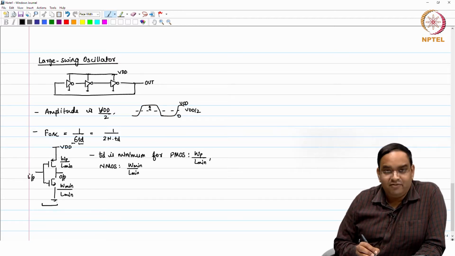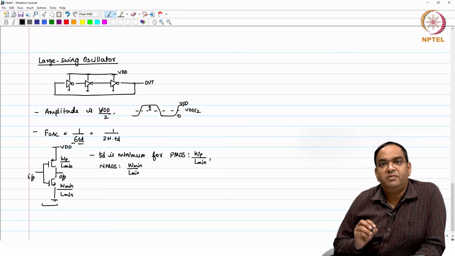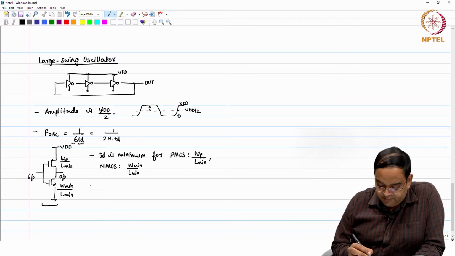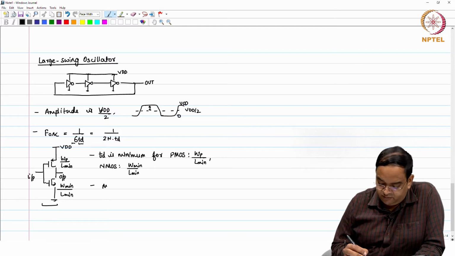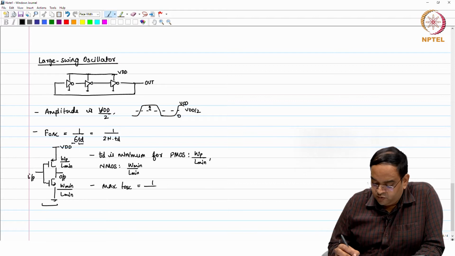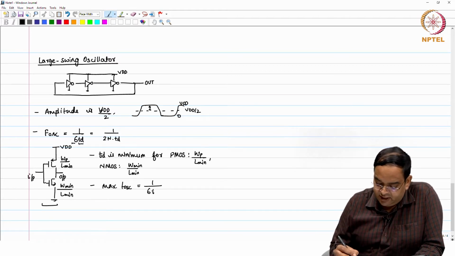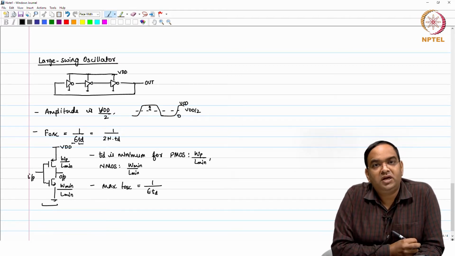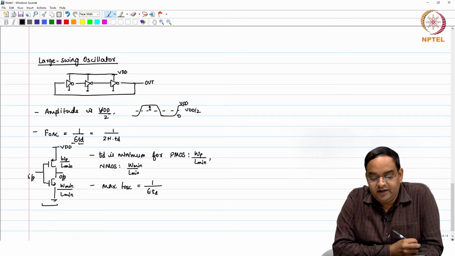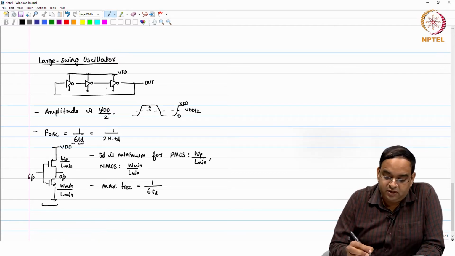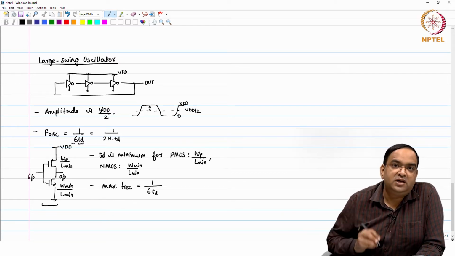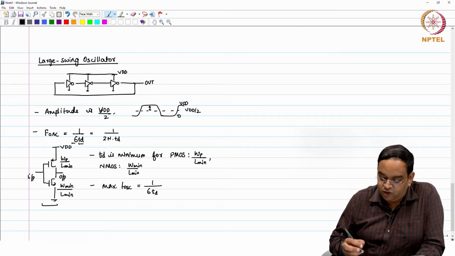Now, when we have an inverter with the minimum delay, the maximum frequency of oscillation is equal to 1 by 6 TD. You can ask why it is 1 by 6 TD. Well, first we need an odd number of inverters, so 3 is the minimum with which this block is going to oscillate.